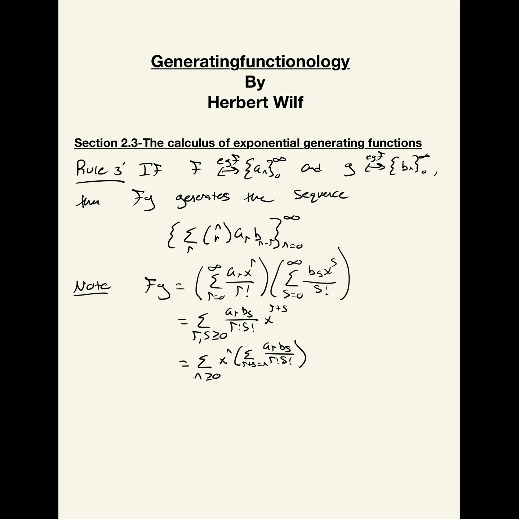And so now we're getting somewhere, because we can instead write this. We're ranging over n, still in the first sum, and the second sum, so the coefficient will be the sum ranging from r equals 0 up to n of n choose r, a sub r, b sub s, and then we need to multiply by an added n factorial.